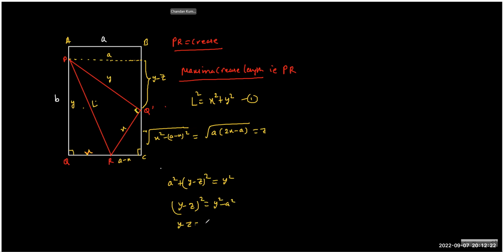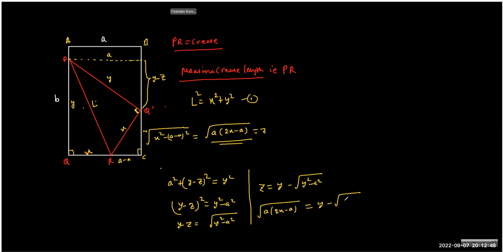So we got z equals to this much, and z is also this much. If someone will solve like this, of course, eventually we get some answer, but this is going to be really cumbersome. So I will not prefer this way of solving.